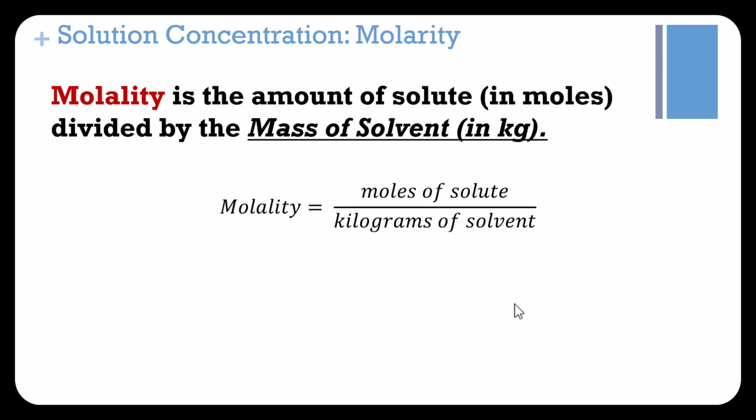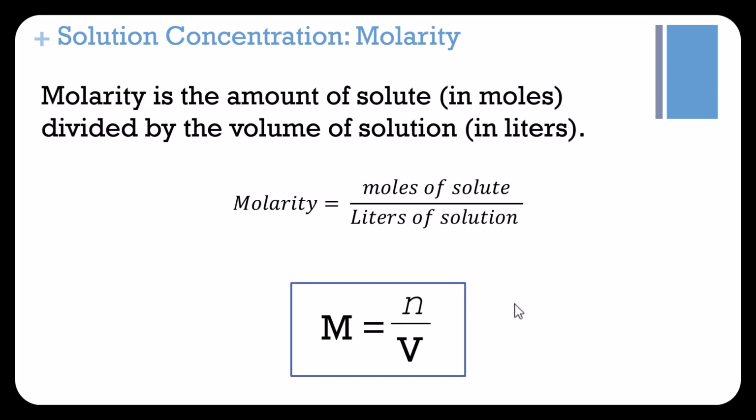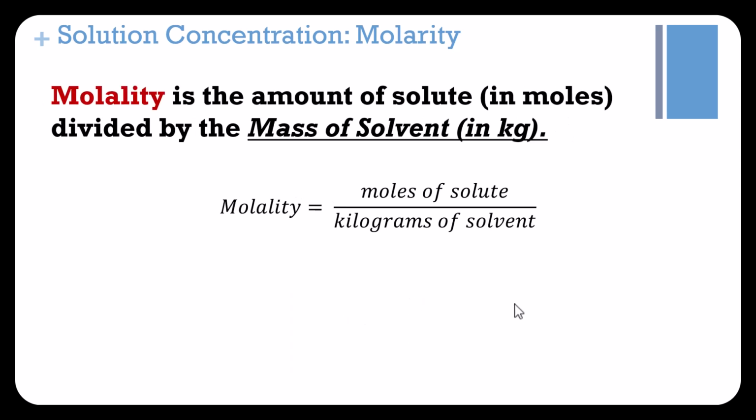So how is this different? Well, in molarity, it was the volume of the entire solution, everything included. Here, we're looking at just the mass, so a different unit, and we're looking at the solvent being on the bottom.